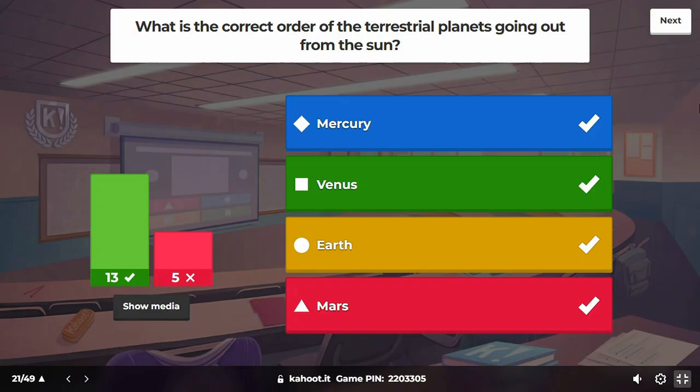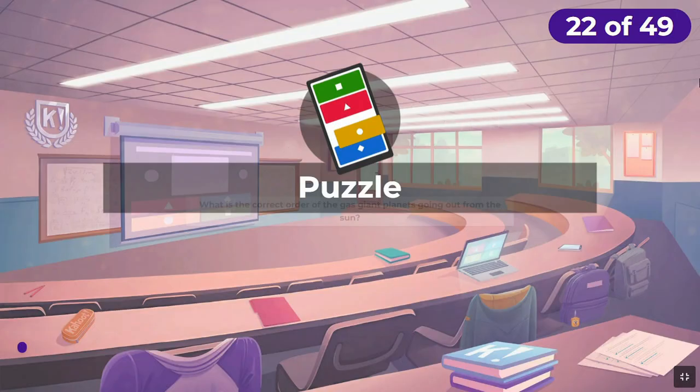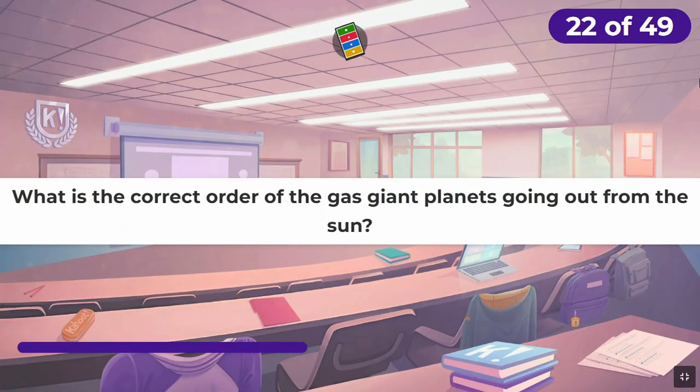Yeah, so the correct order: Mercury, Venus, Earth, Mars. And then we'll do the same thing for the gas giants.